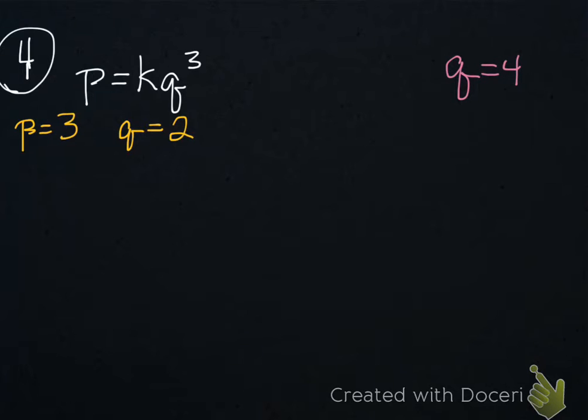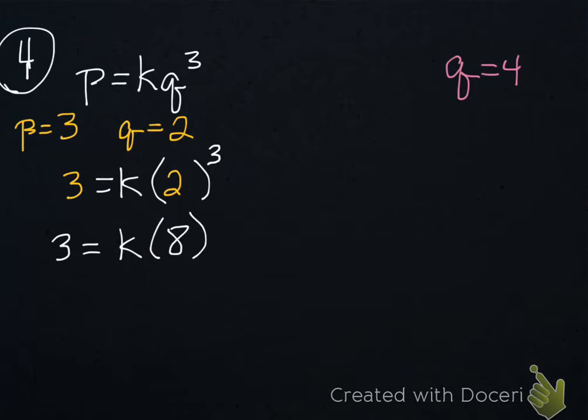So first thing, let's find k. So I have to plug everything in. Q is 2, P is 3. So I end up with 3 equals k times 8 because I have to cube the 2.